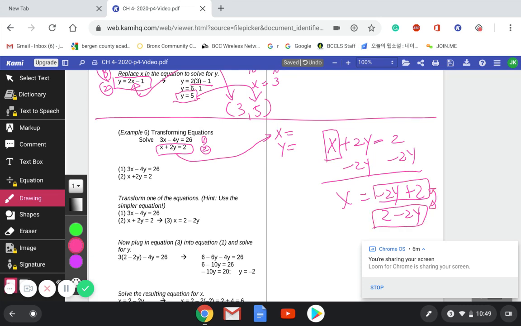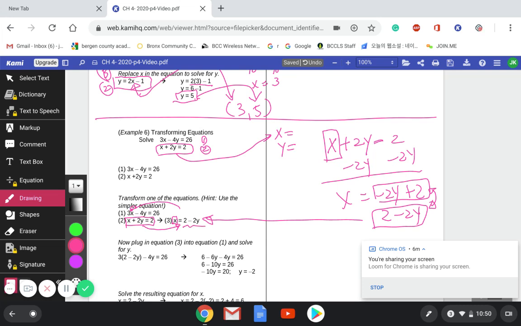You can use either and replace it into the original equation. So you change the second equation, x plus 2y equals 2, into x equals 2 minus 2y, and then you replace x in our original equation with 2 minus 2y.